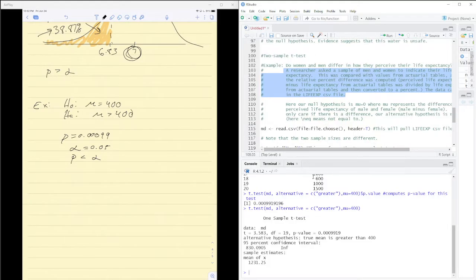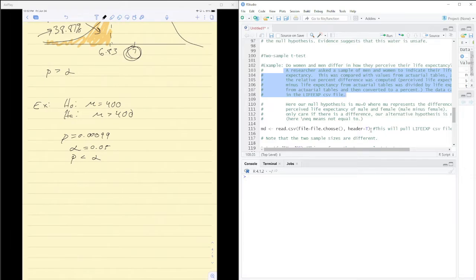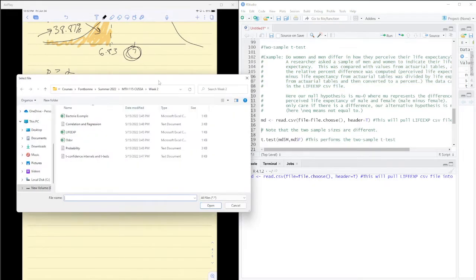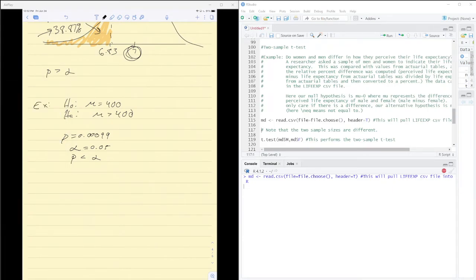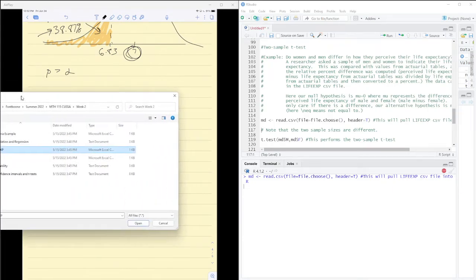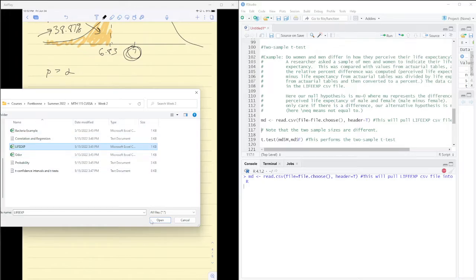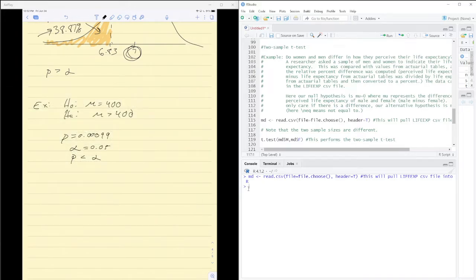So let's read that in. I'll clear this. Okay. And we have the life expectancy data set that we can read in. So this data has male and female, and then these life expectancy percentages.